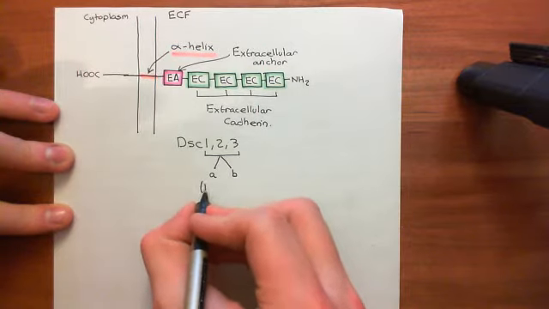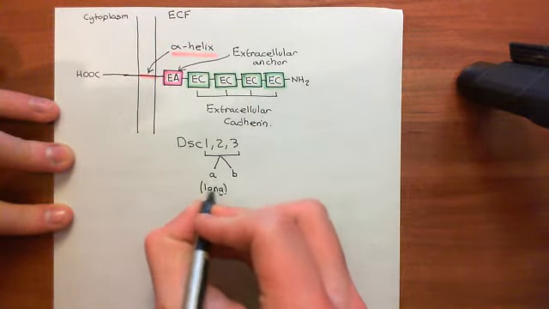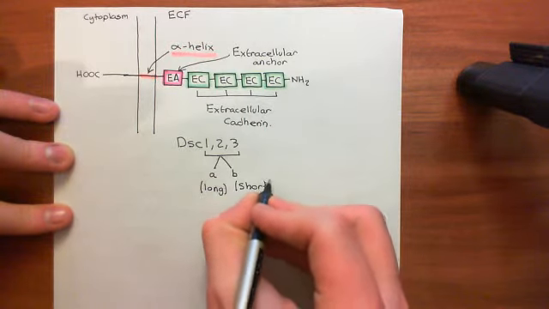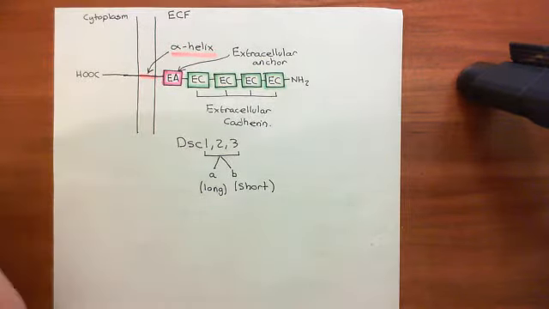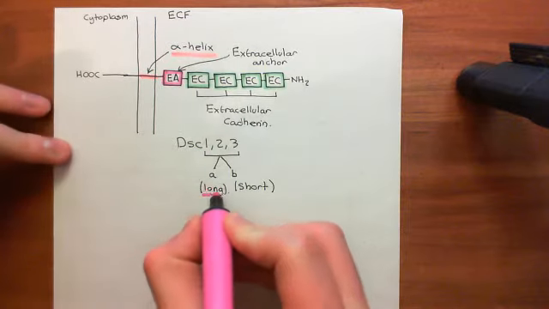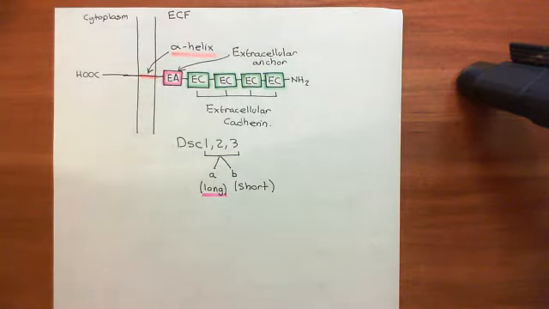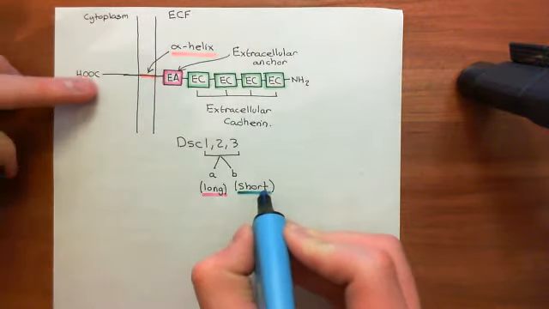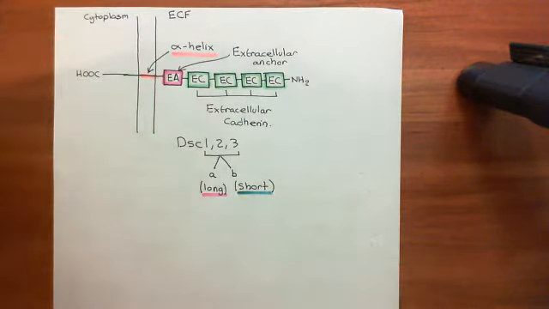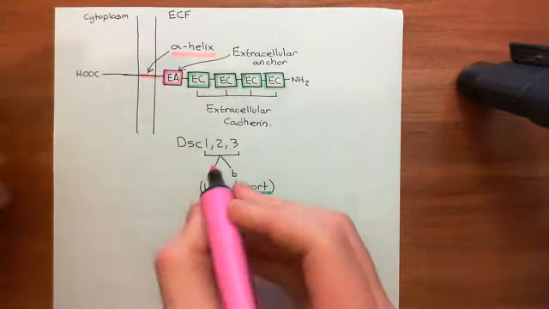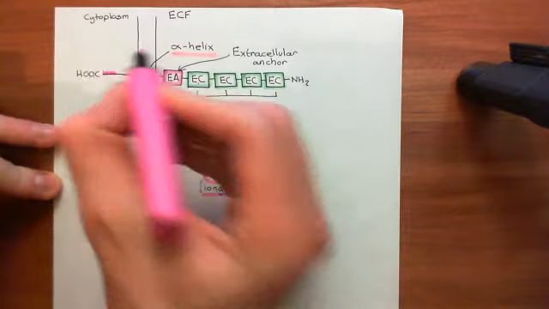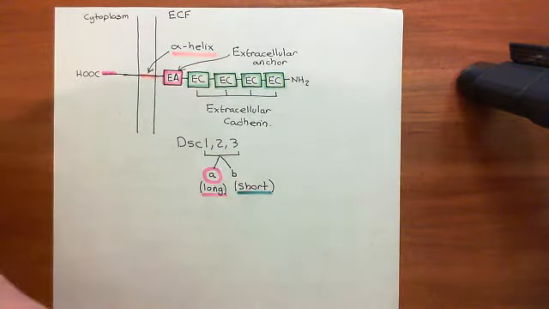Now the A variant is longer than the B variant. You could call the A variant the long variant and the B variant the short variant. Now, where are these 2 variants longer or shorter? Basically the difference is in the cytoplasmic tail. The A variants, which I'll have in purple, have a slightly longer cytoplasmic tail than the B variants.